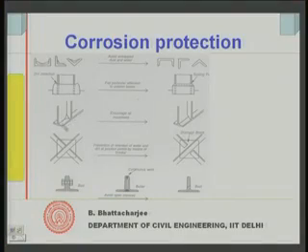Similarly, you have something like this, and something like this where air movement will be relatively less. Here, in this particular one, this plate was something like this. Now, this allows for air movement.